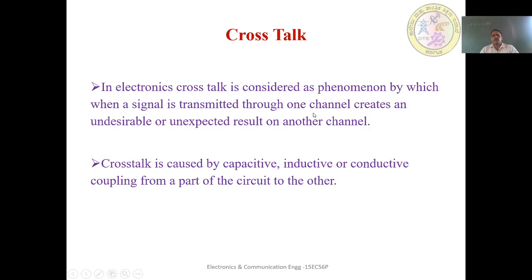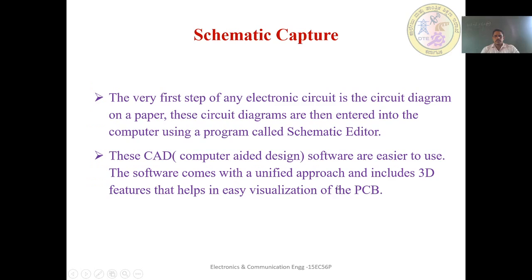It is the inducing of some amount of voltage to the nearby track. The track which creates the problem is called the aggressor. The track which suffers from the crosstalk is called the victim. Crosstalk is caused by capacitive, inductive or conductive coupling from one part of the circuit to another.